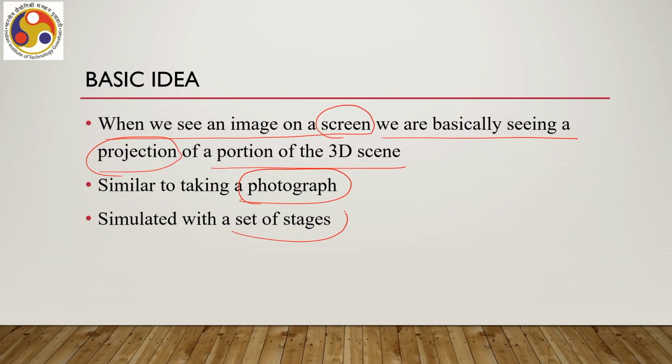The screen is a 2D plane, whereas the portion of the scene that we have captured is in 3D space. So, there is a projection transformation, which transforms from 3D space to the 2D screen. The same thing we try to simulate in computer graphics with a set of stages, which are the viewing pipeline stages.